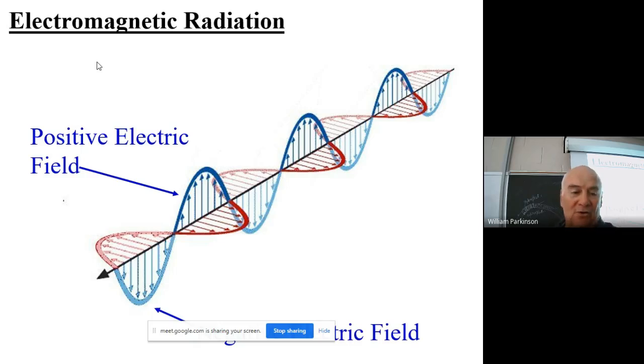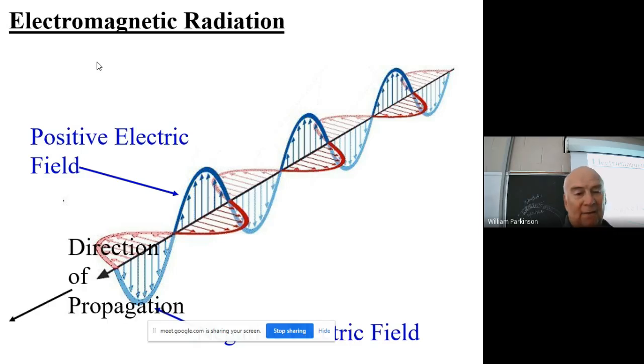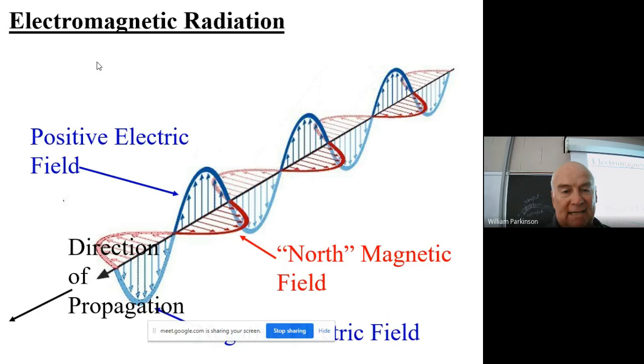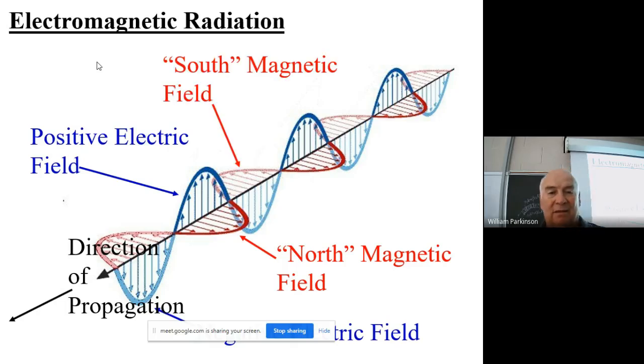We don't call those positive and negative. What we call those is a north magnetic field, a south magnetic field, a north magnetic field, a south magnetic field, in terms of the name given relative to the behavior of a compass if it was brought into proximity.